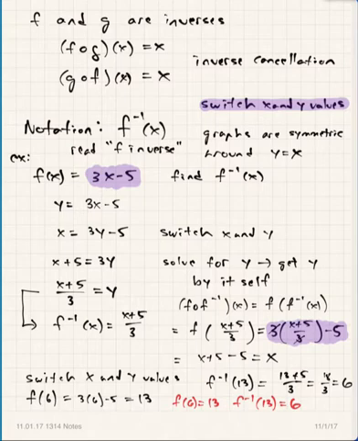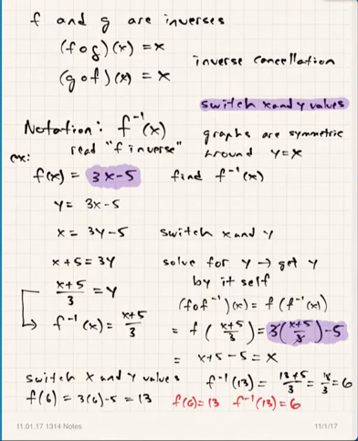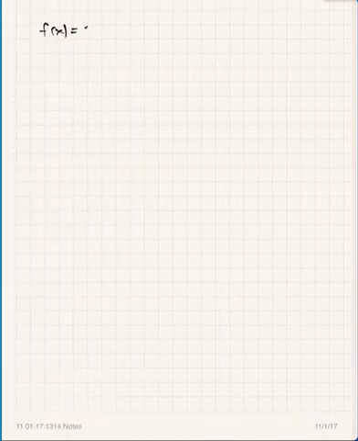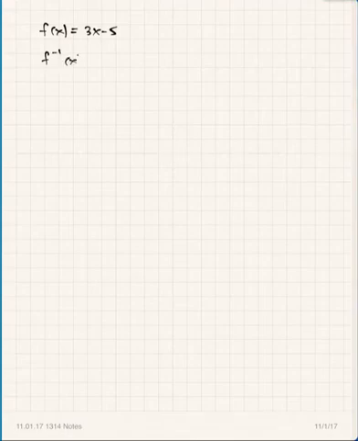The last thing I wanted to mention about these two functions: we were given that f of x was 3x minus 5. And then we created f inverse, and we got f inverse was x plus 5 over 3.